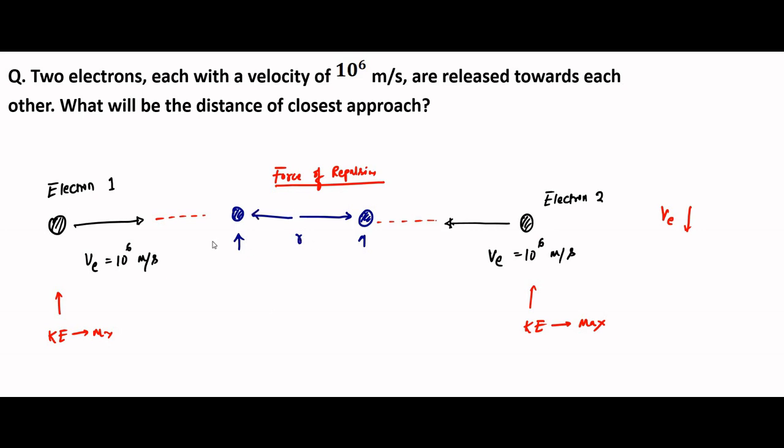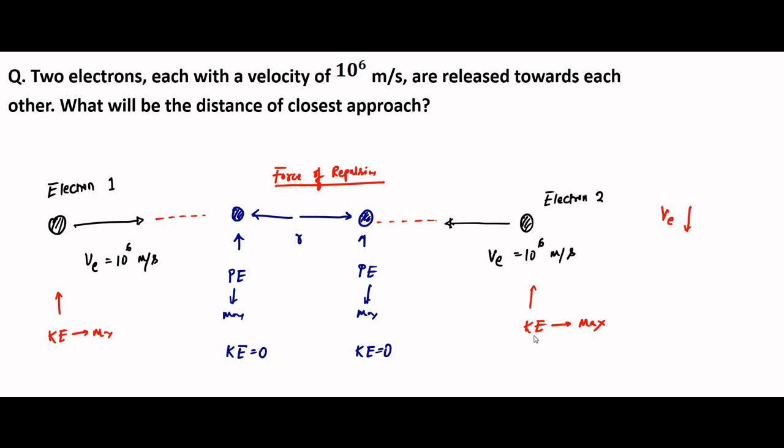Here, at this point where they stop, the electrostatic potential energy between them will be maximum, and the kinetic energy will be equal to 0, because they have stopped momentarily.